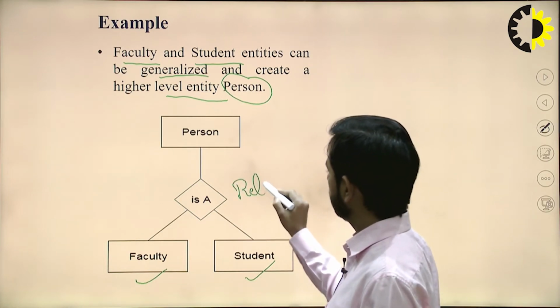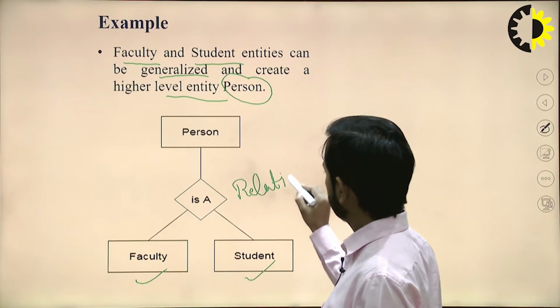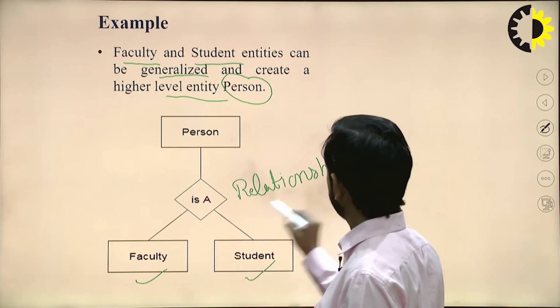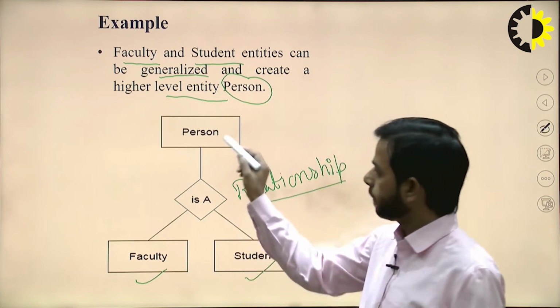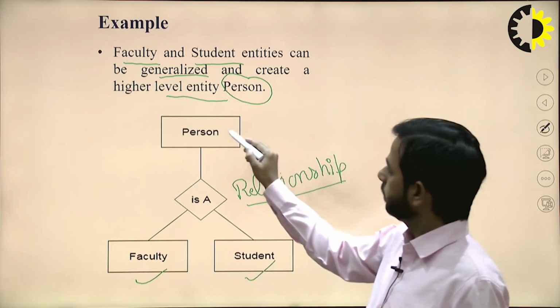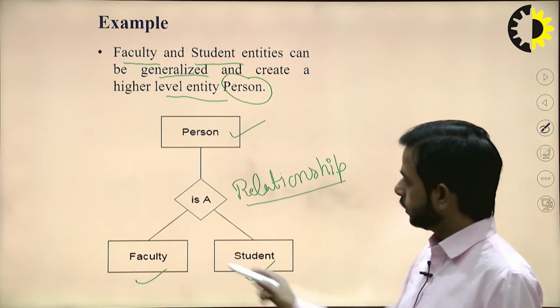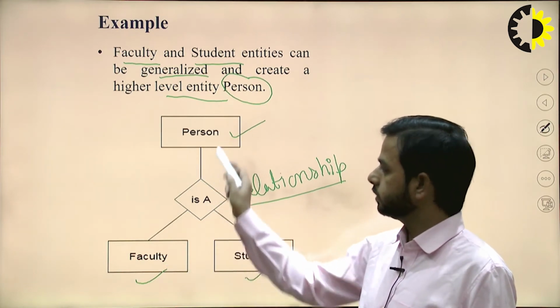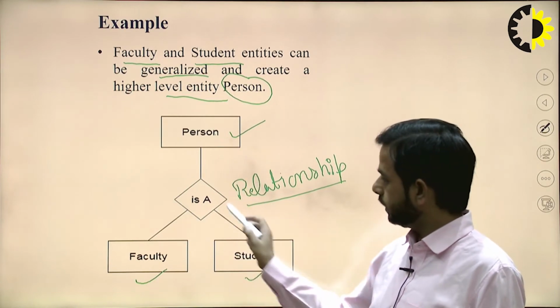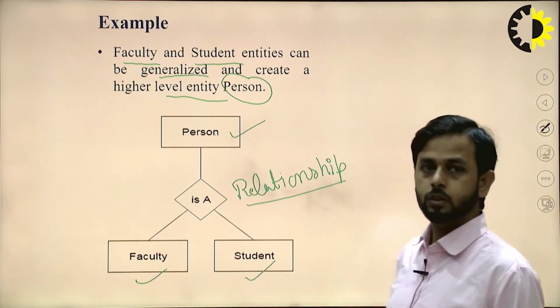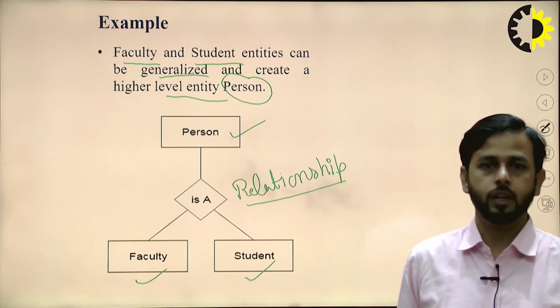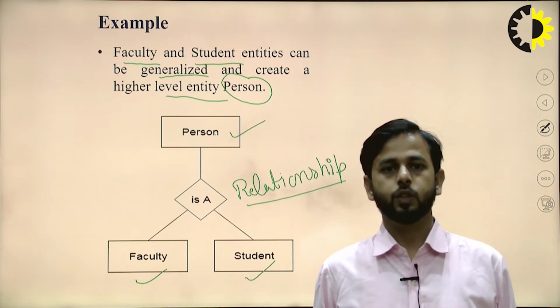They form the higher level entity person. Faculty is a person, student is a person. So this is generalized. We write the entities in a more generalized form in generalization.